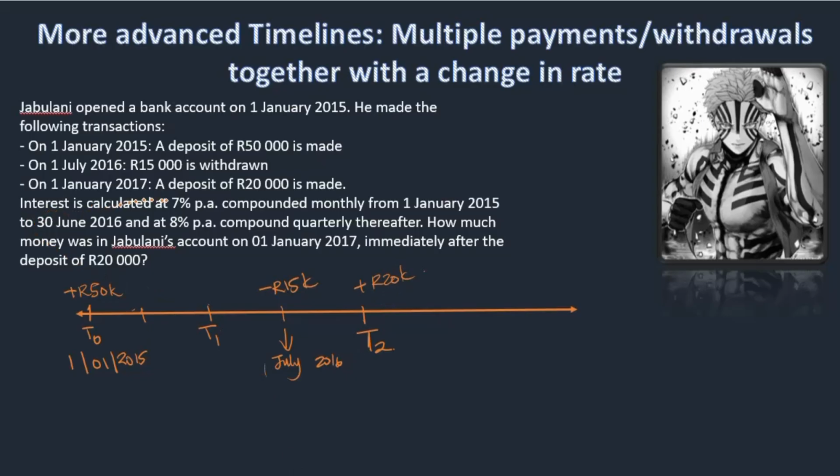And interest rate is calculated at 7% per annum compounded monthly from 1 January to 30 June. So from 1 January, this is a rough sketch. Let's fix that. From 1 January, which is from here, up until 30 June. So 6 months, 6 months, another 6 months, right there, 30 June, up until here.